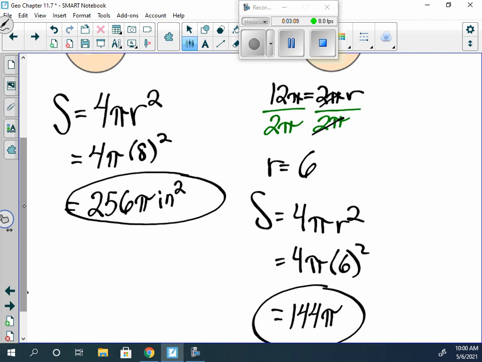So for that one, they gave us the circumference, and we used it to find the radius. Once we found the radius, we can plug it in. Any questions on either one of these here? Are we good with this?